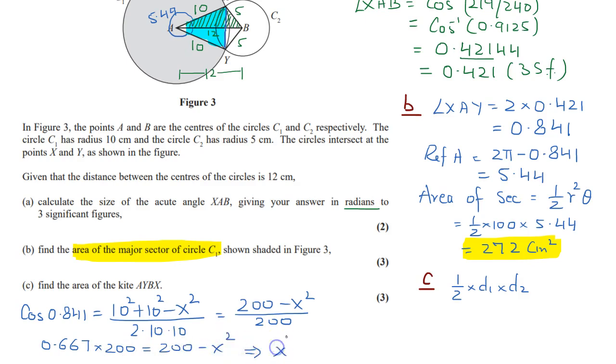This means x square is equal to 200 multiplied by 0.667 minus 200, that will be 66.65, so we say 66.7.